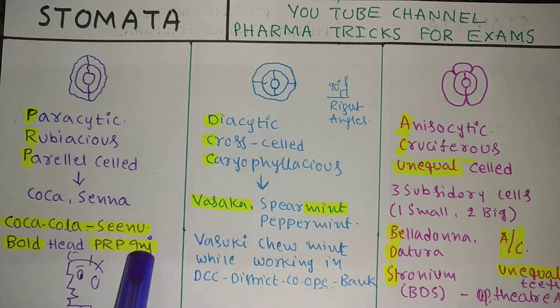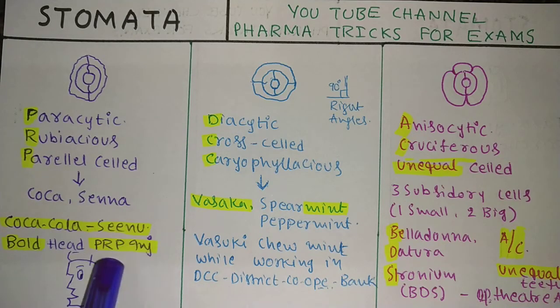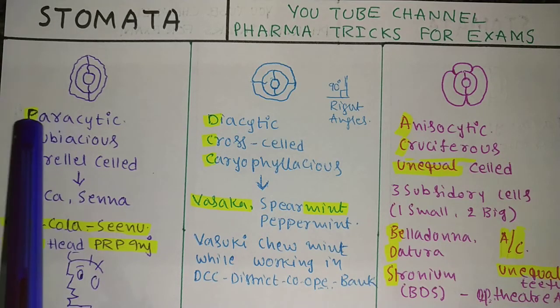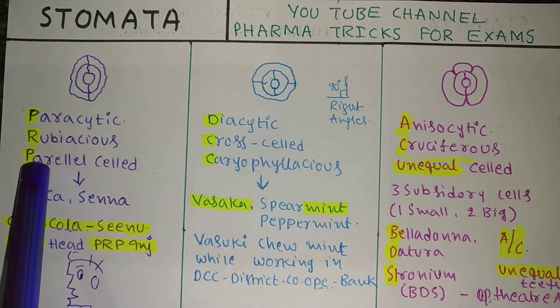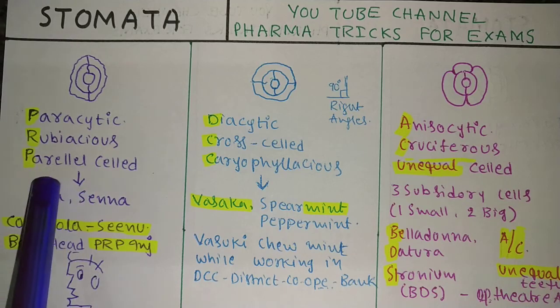What is a PRP injection? Platelet-rich plasma. Nowadays doctors give PRP injections to grow hair. So coca, Sinu, PRP injection. PRP means parasitic, rubiaceous, parallel-celled.